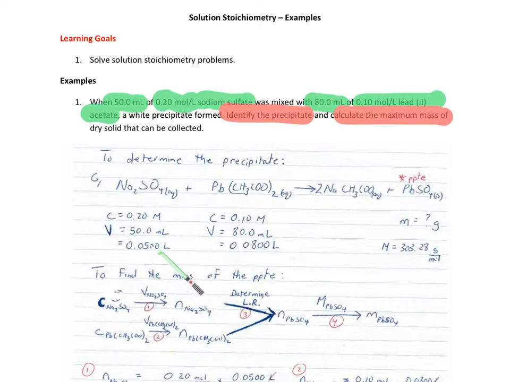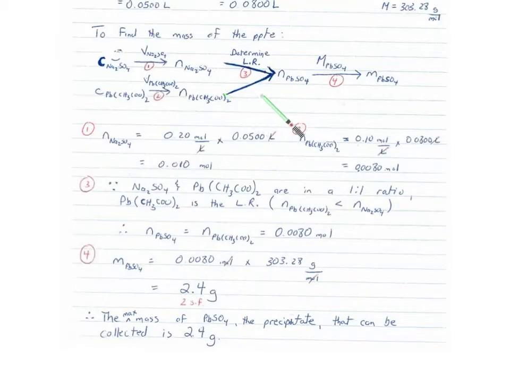Of course, I'm converting to liters because my concentration values, the 0.20 molar or moles per liter, involve liters. So here, just as before, I lay out my game plan. This is how I'm going to go about solving the problem.